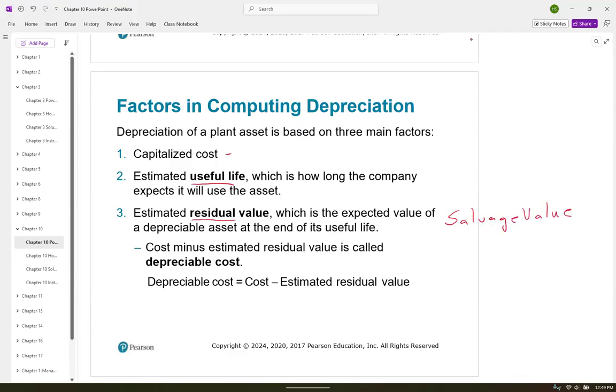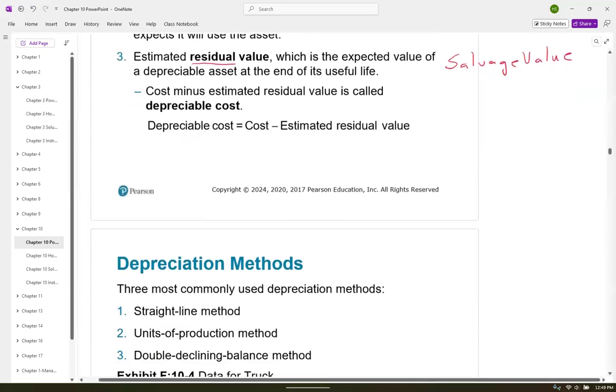It is the exact same thing. I use them synonymously, so if you hear me say residual value or salvage value, I mean the exact same thing. We have this thing called depreciable cost. It is just the cost minus the residual value. That's just definitional type things. We'll talk about it as we go through the mechanics of actually working some of these.